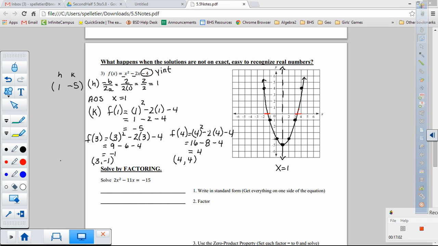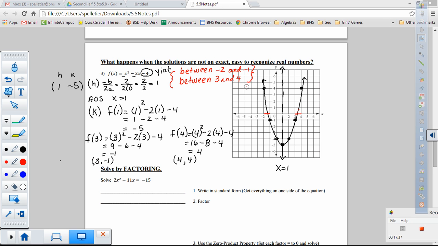So when this happens, when the one value is below and the very next value is above, we do know that our parabola crossed between those 2 points. And so we're just going to say in our solution, I'll write it up here, that our solutions are between negative 2 and negative 1, and also between 3 and 4.